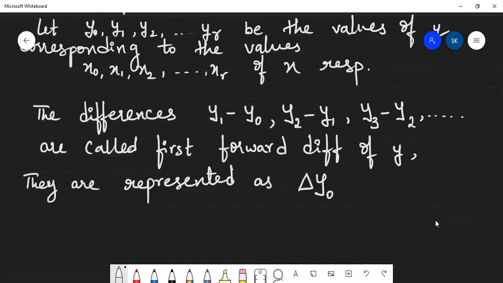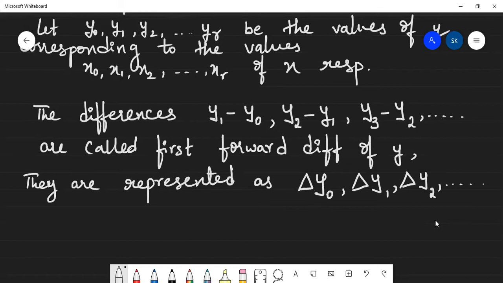You have a subtraction of two terms, and I'm taking the notation for the right hand term, that is the second term. Every time you take the notation for the right hand term. So the first term is represented as forward delta y0, the second as forward delta y1, the next as forward delta y2, and so on.